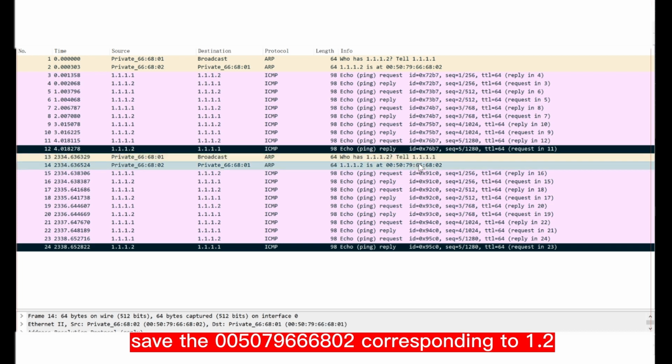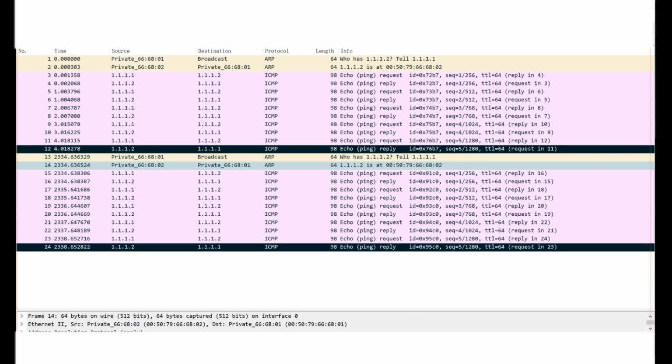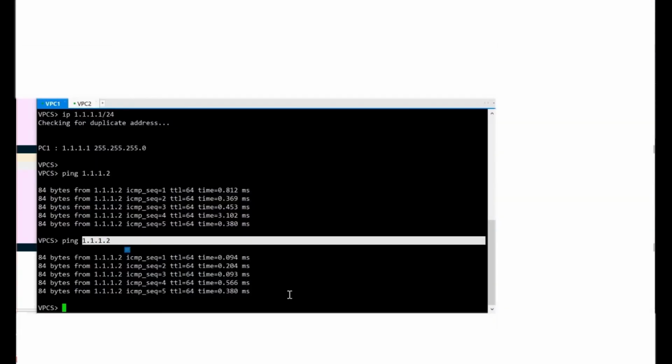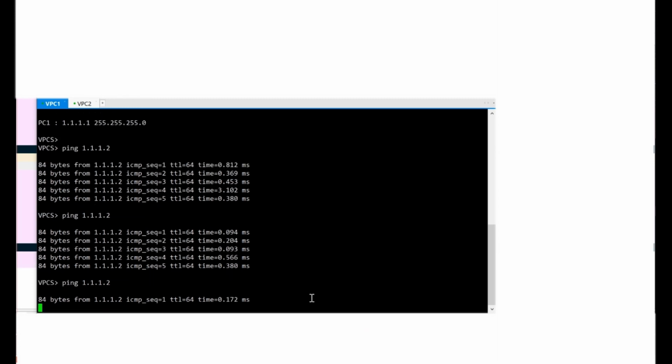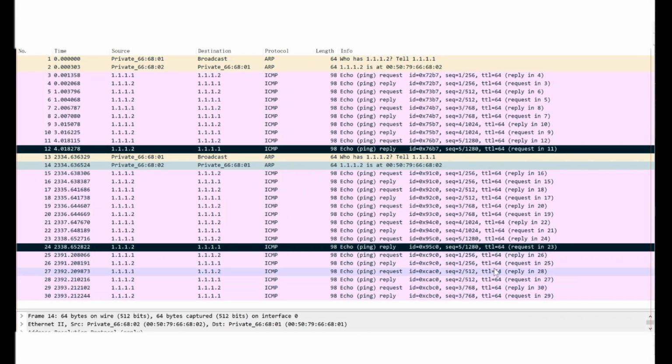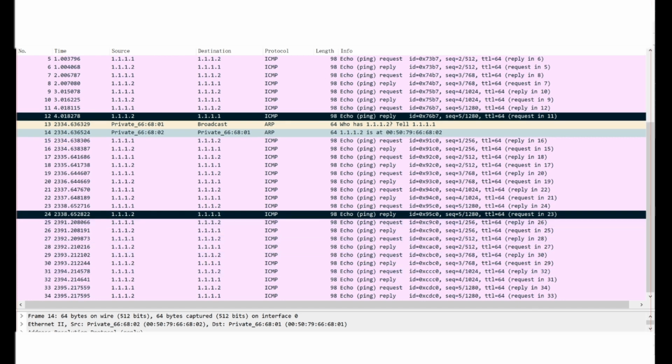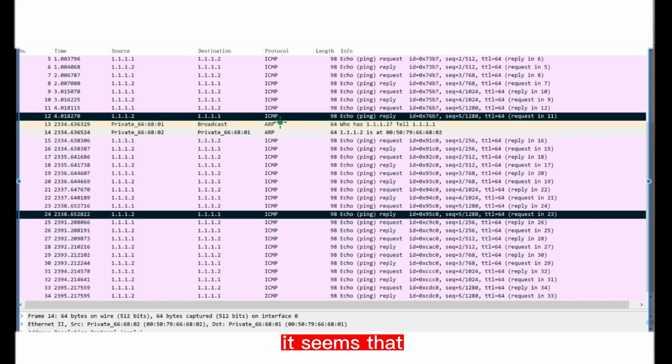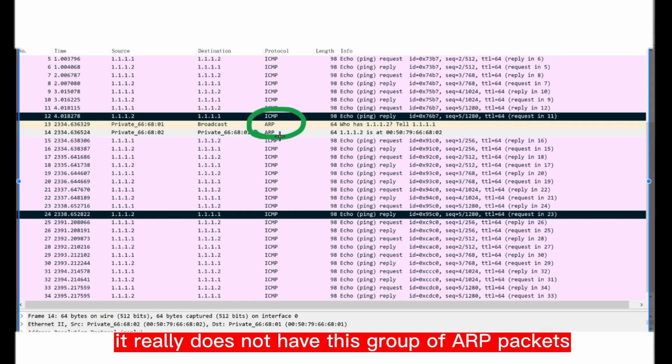Save the 005079666680 corresponding to 1.2. I won't post it now. Let's test it. Ping 1.1.1.2. Okay. We captured new data. But in this data, it seems that it really does not have this group of ARP packets.